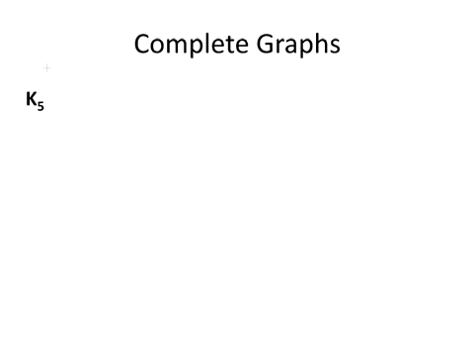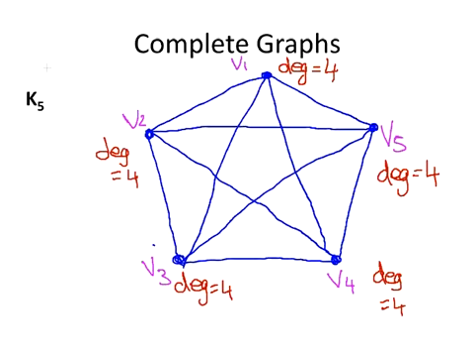Lastly, we're going to do it for K5. So here's an idea of what the graph would look like. We see that every vertex has degree 4, but you might see it's a good bit harder to count now how many edges there are, so it's a good thing we have our rule. The number of edges is going to be 10.